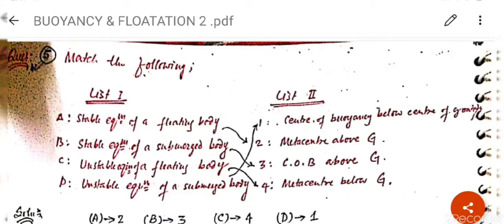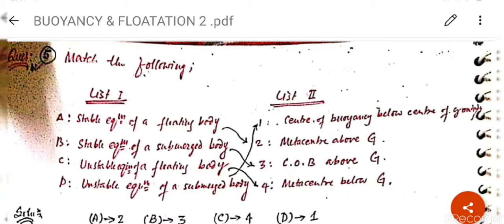First case is stable equilibrium of a floating body. What will be the answer? Metacenter above G, because this is the floating body. A stable equilibrium of a submerged body. Clear. Answer will be center of buoyancy above G. Clear.